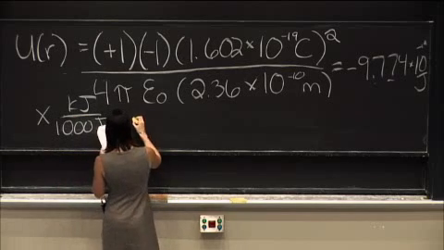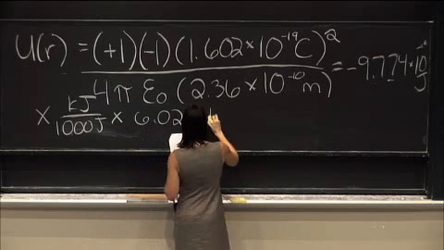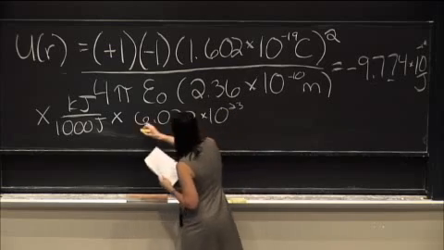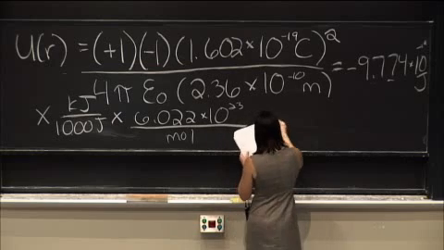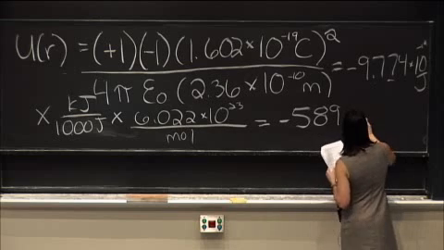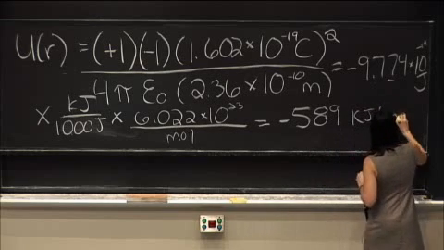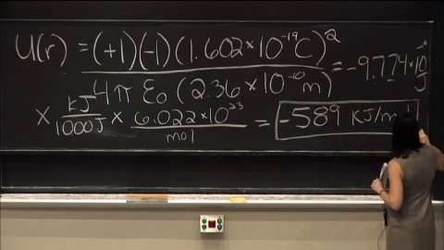And then we multiply that by Avogadro's number, 6.022 times 10 to the 23 per mole. What we end up with is negative 589 kilojoules per mole. So this is that same Coulombic attraction that we saw in the first place.